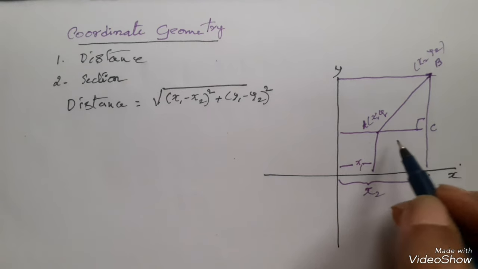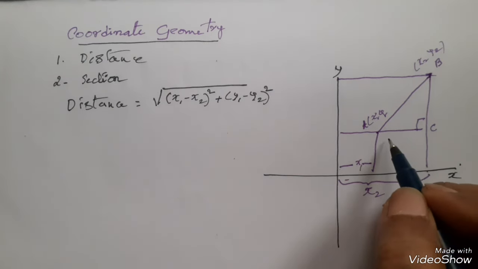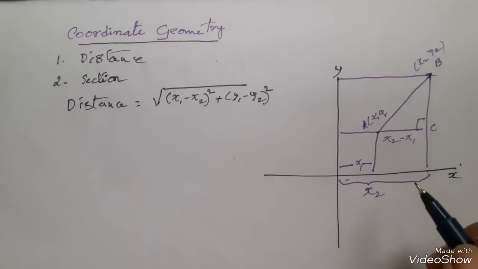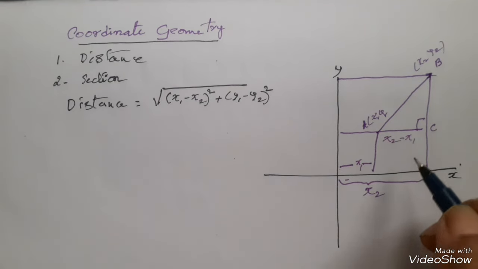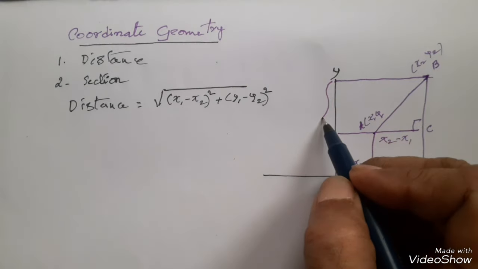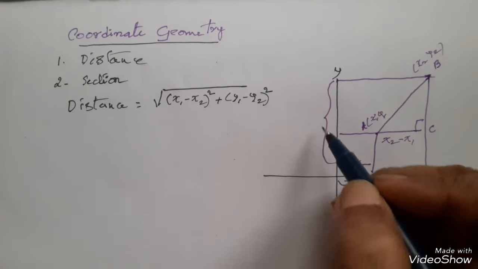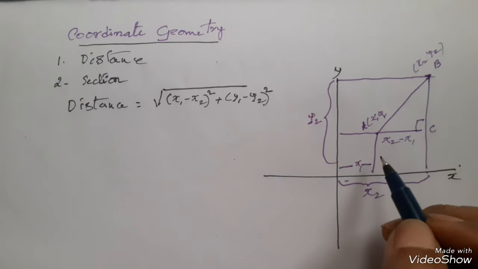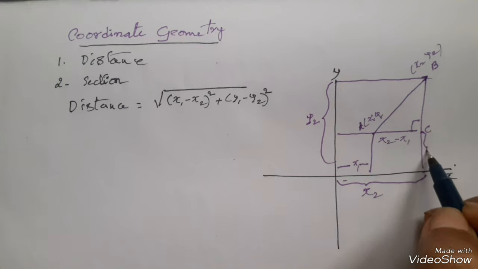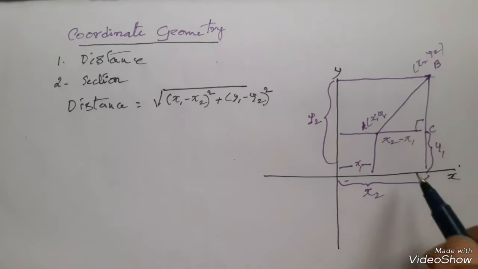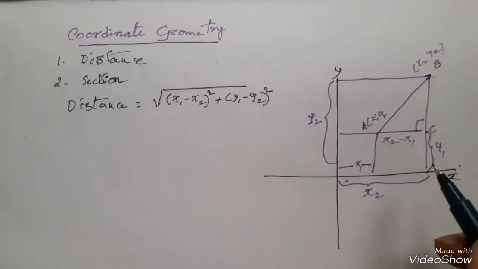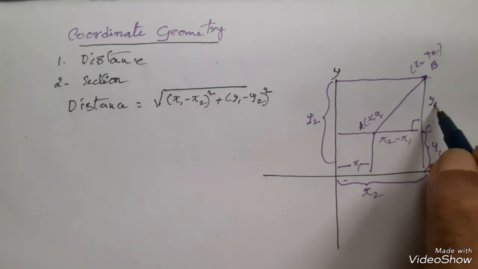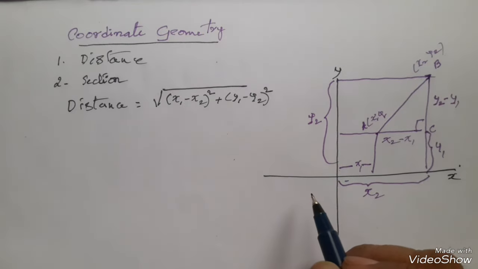So the length of AC we can write as x2 minus x1. Similarly, on this side, the total length is y2, since the y coordinate here is y2, and this length is y1. So the length of BC is y2 minus y1.